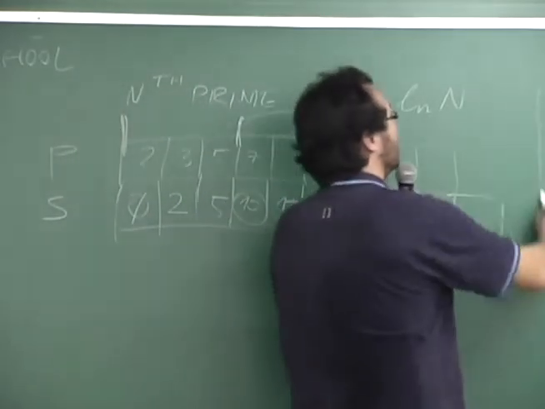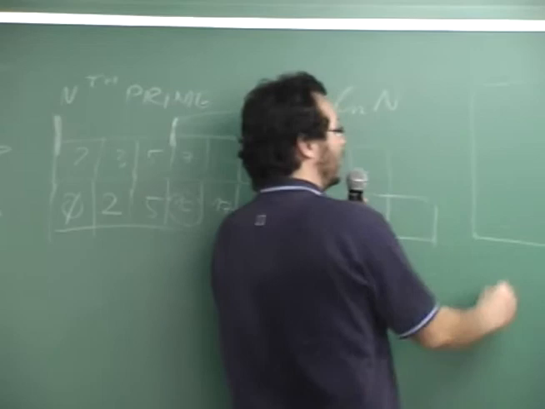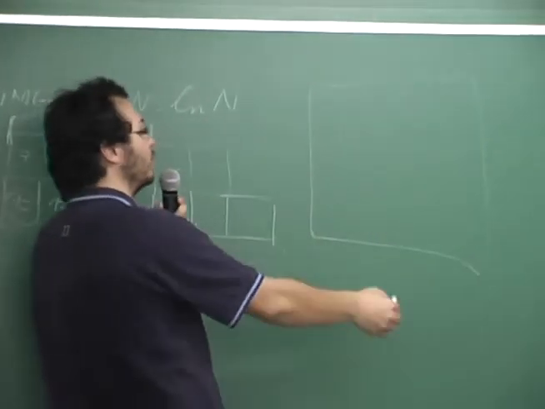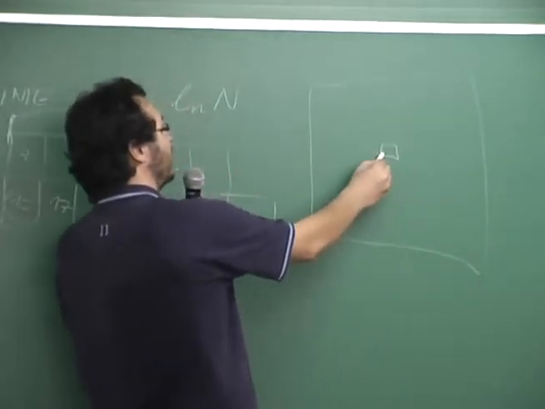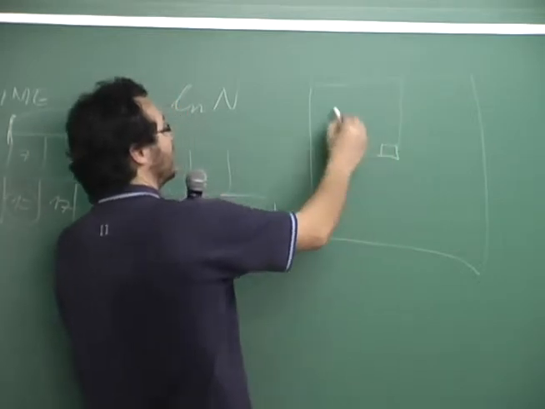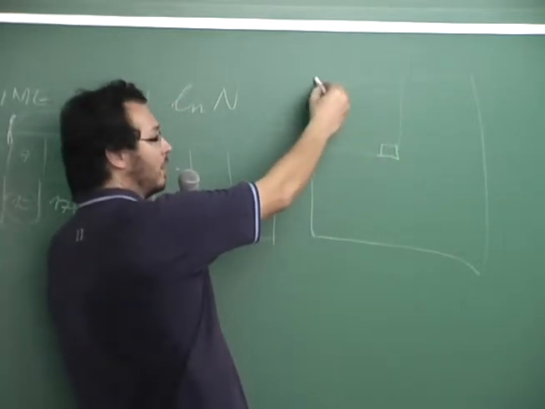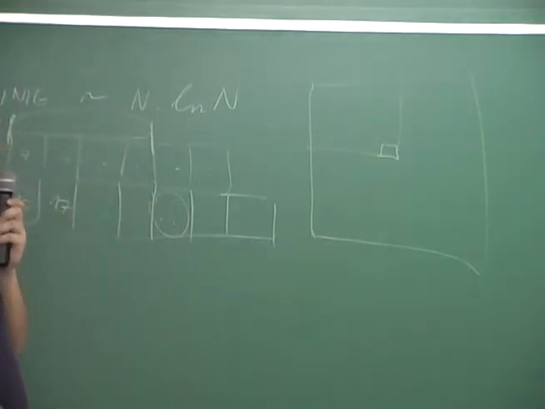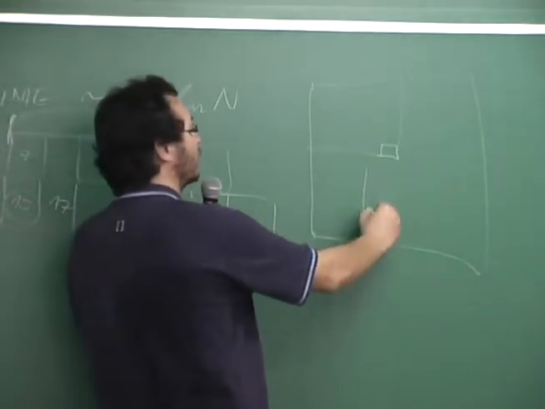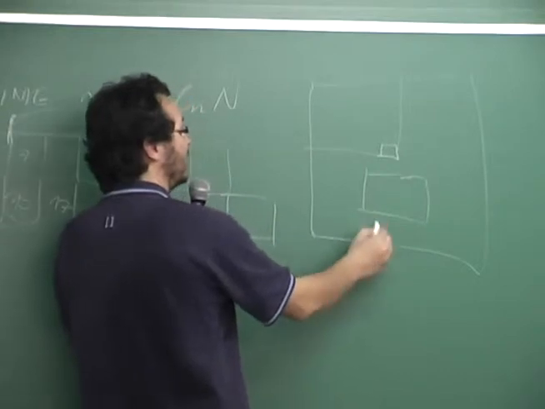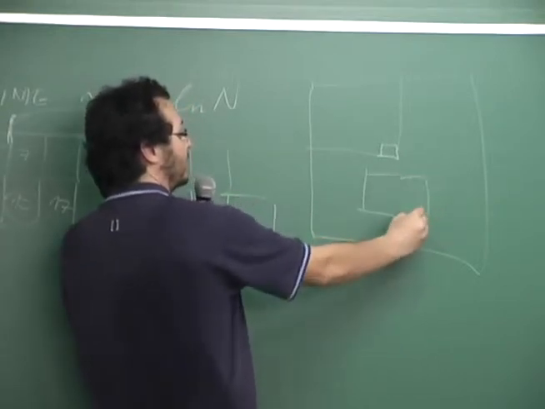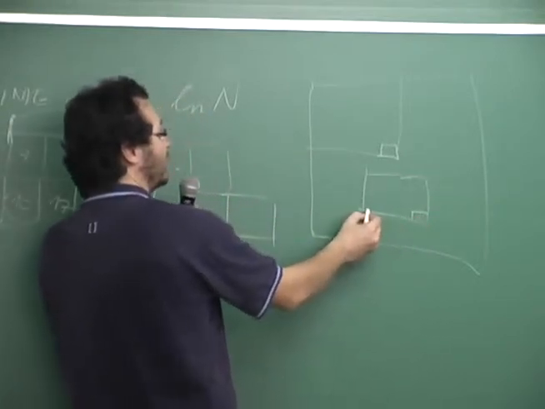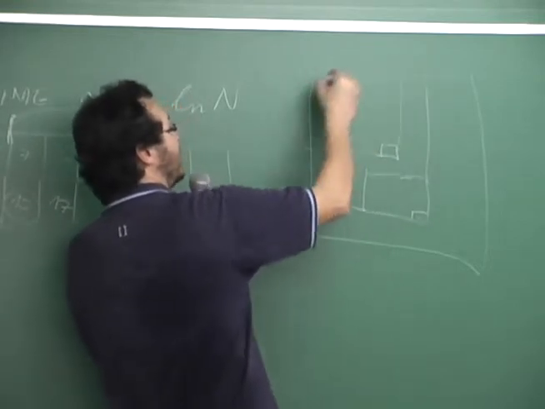So if you have the original array, then you can compute a new array where each cell contains the sum of this rectangle, starting in the upper left corner and ending at the current cell. And using this information, you can then compute the sum of any rectangle, because the sum here can be computed by looking at this cell, which is this sum.